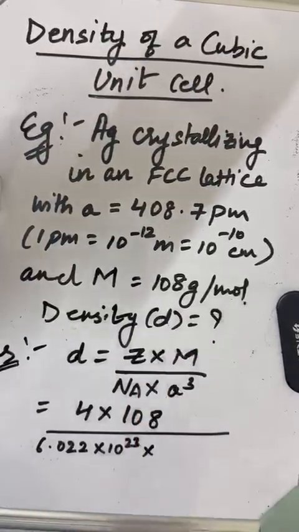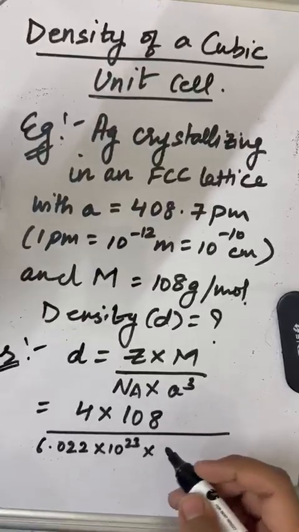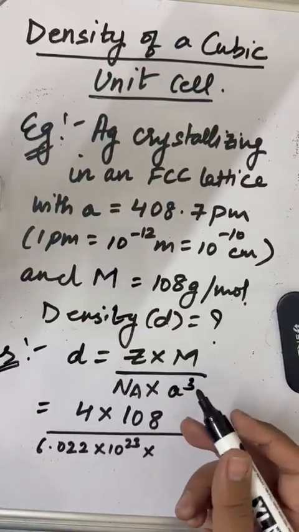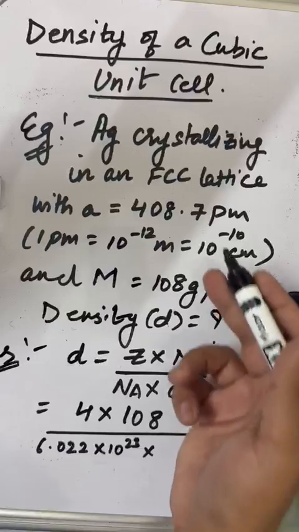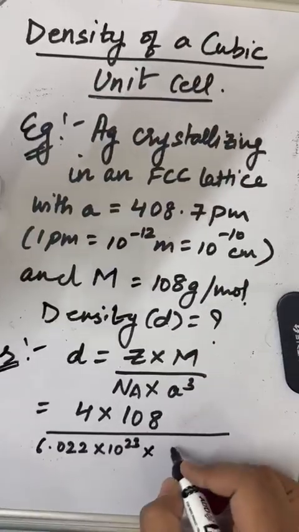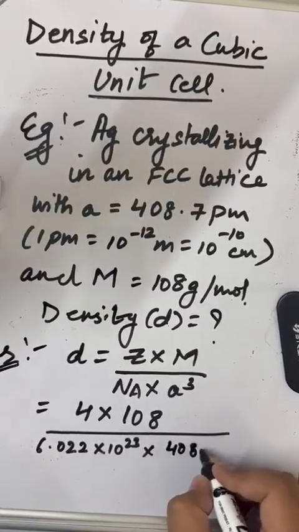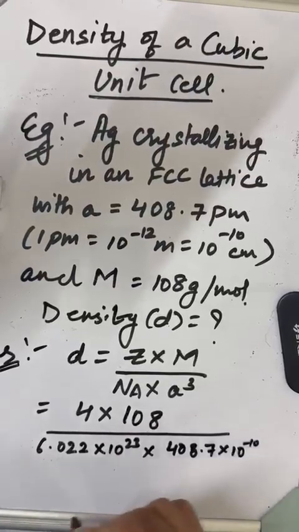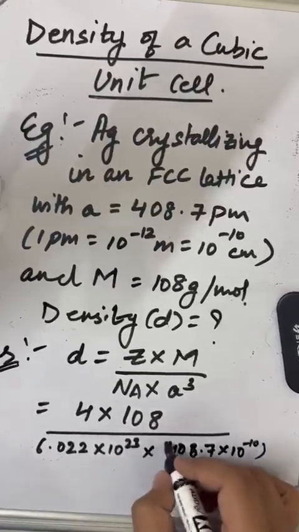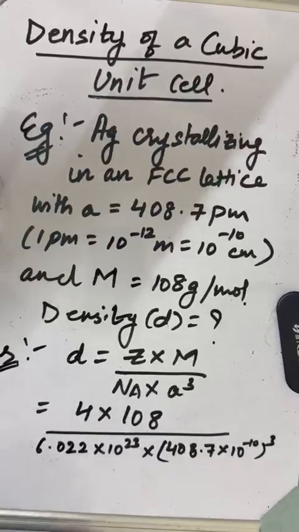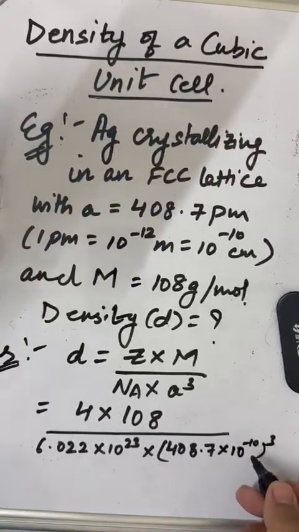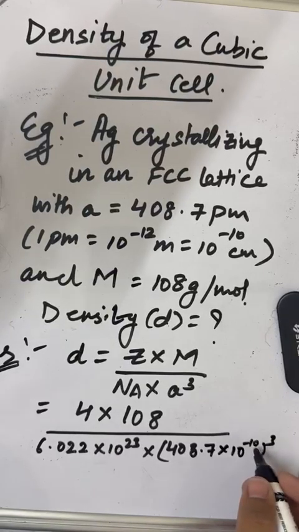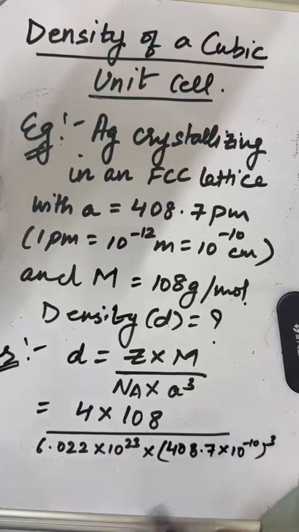A is 408.7 picometers. So here I would like to convert picometers into centimeters. So if I want to do that, 408.7 multiplied by 10 to the power of minus 10, the whole cube. Because I want to calculate in centimeters, that's why I multiplied by 10 to the power of minus 10. If I wanted to convert it into meters, I would have multiplied it by 10 to the power of minus 12.